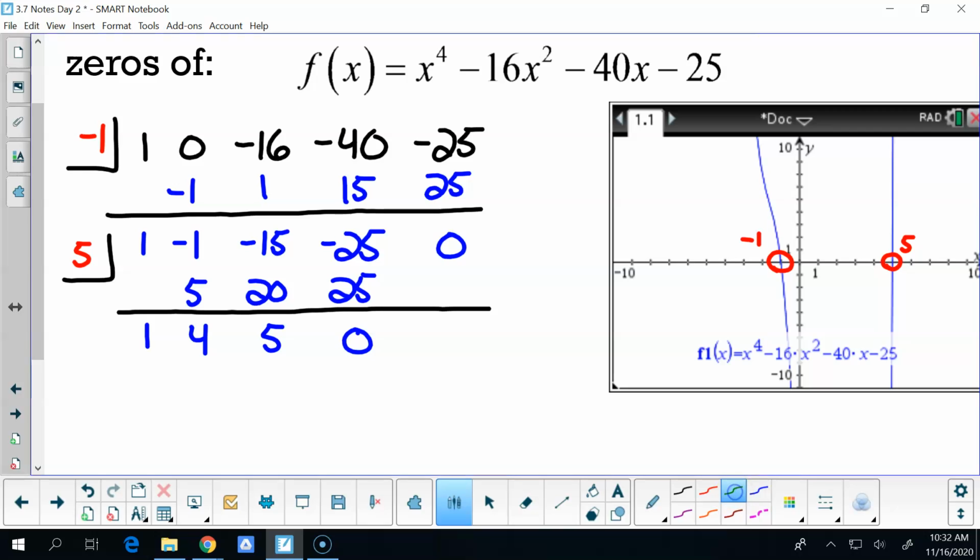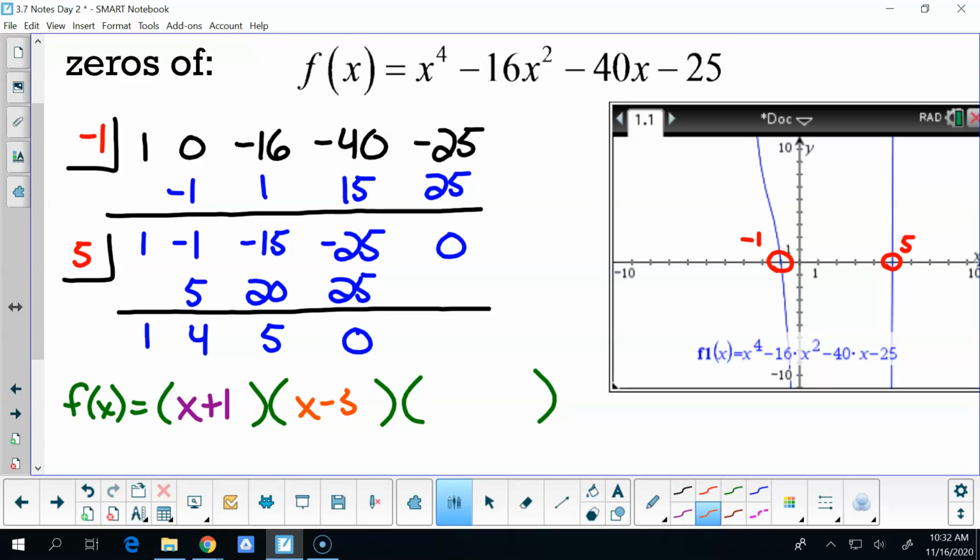So F then gets factored into x plus 1, x minus 5, and x squared plus 4x plus 5.